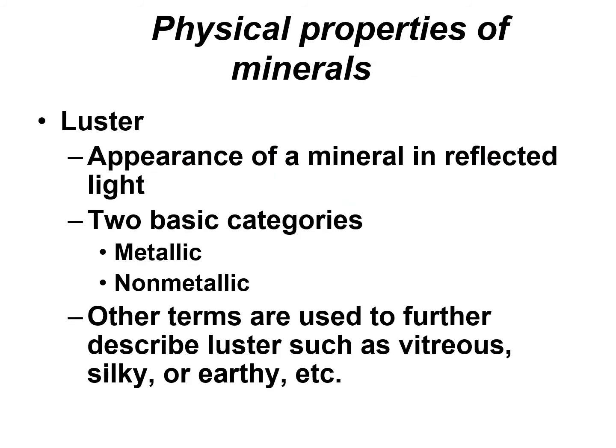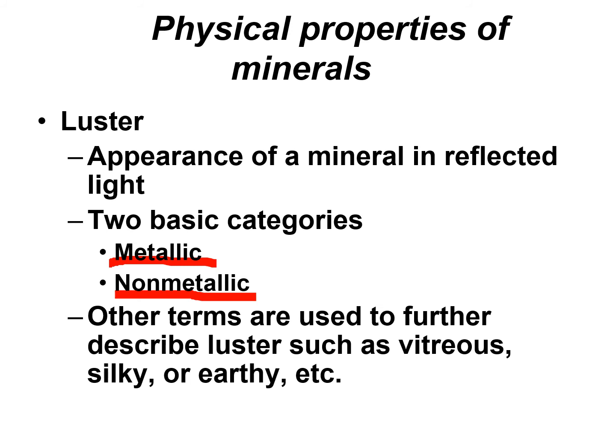Now, some other properties of minerals, we have luster. Luster is just the way that a mineral reflects light. And so usually we try to decide whether the luster is metallic, whether it looks like a nice shiny piece of metal, or whether it looks non-metallic. And so other terms for some of these non-metallic luster include glassy, for it looks shiny like glass.